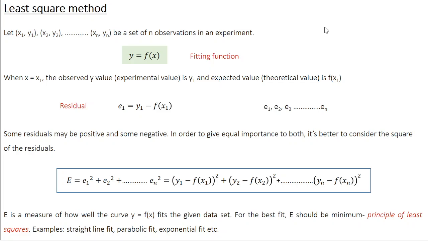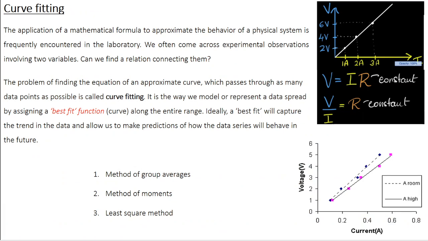So these are the experimental data. Now you want to find the relation between x and y, or in other words, you are trying to find the fitting function y equal to f of x. So if you go back to the previous example, f of x is nothing but V equal to IR.